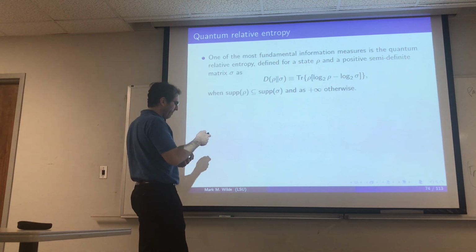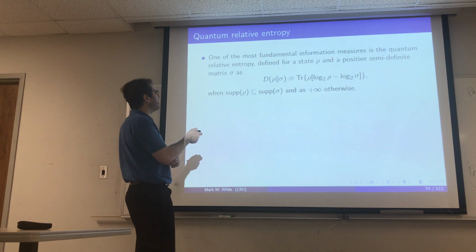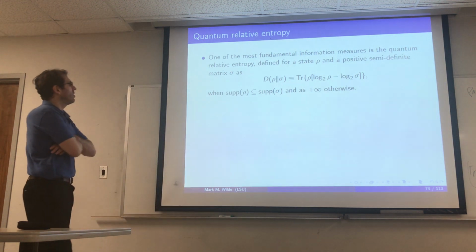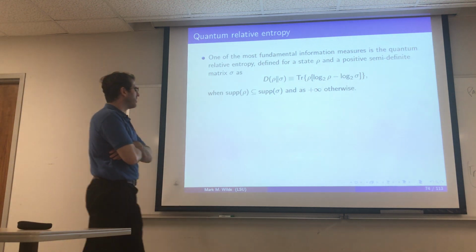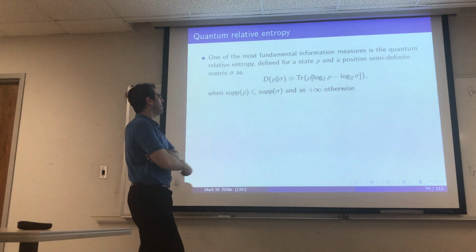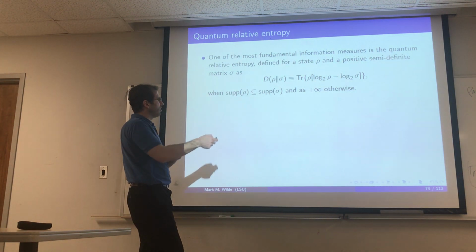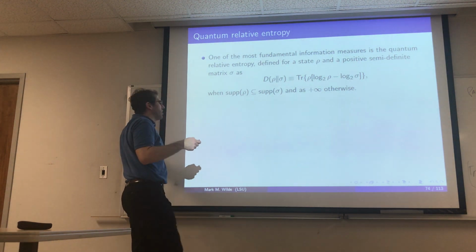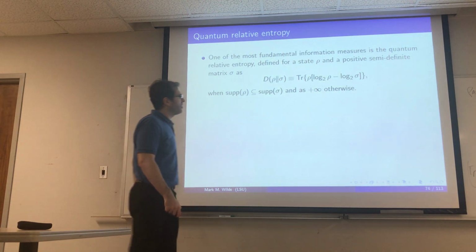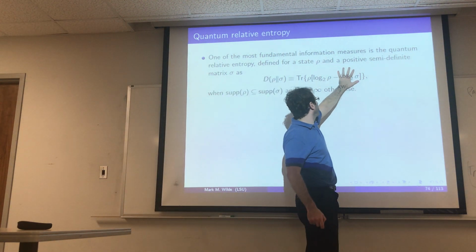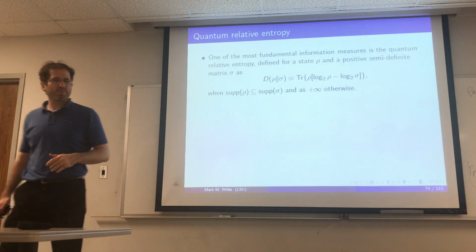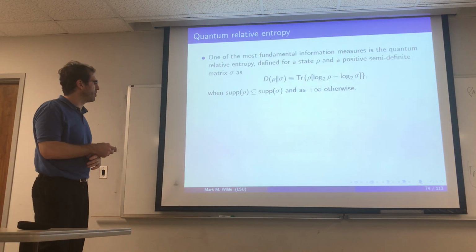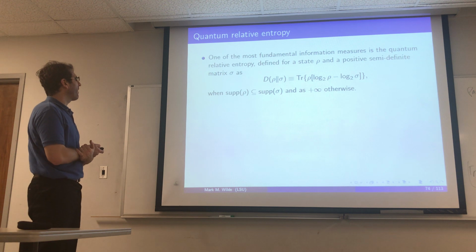So rho can be a density operator, and sigma you can allow to be a density operator or some positive semi-definite matrix. And then you plug into this formula, which kind of looks like entropy if you've studied that before. If this term were not there, it would just be the negative of the von Neumann entropy. But this is relative entropy.